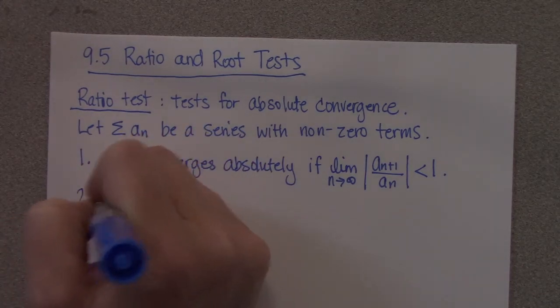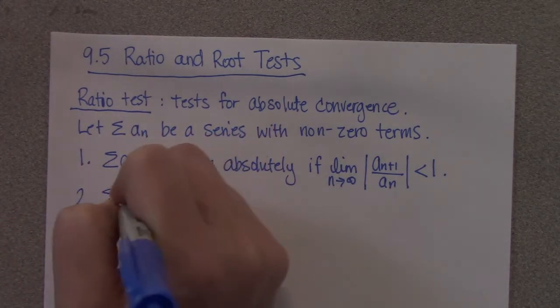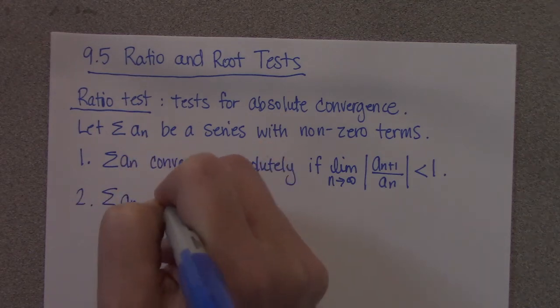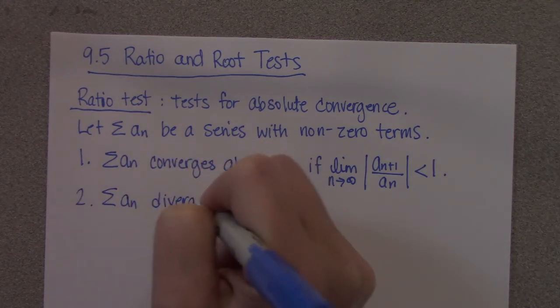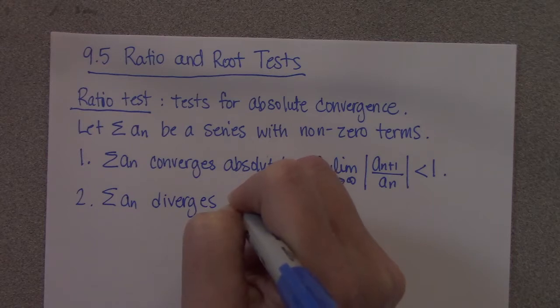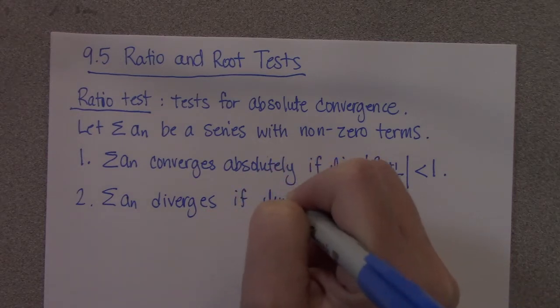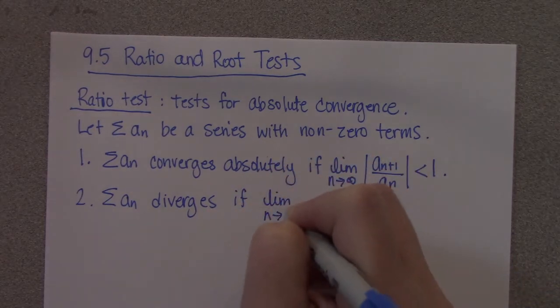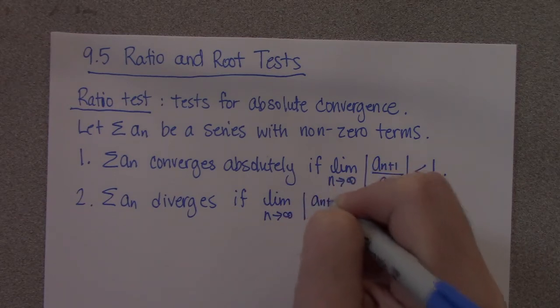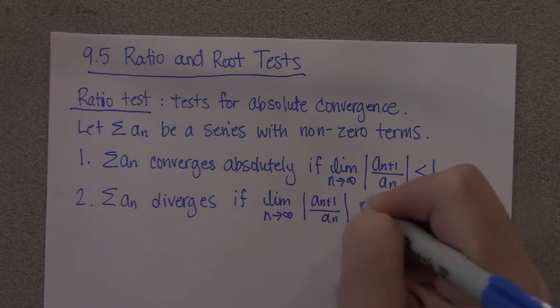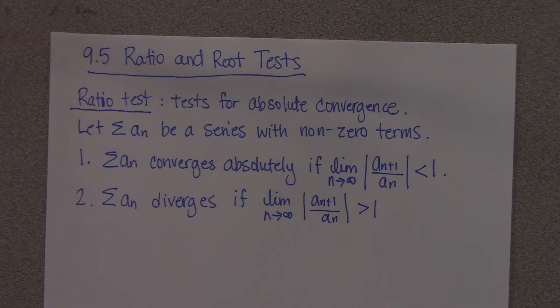The series will diverge if the limit of the ratio is bigger than 1. So now the rate of growth is bigger in the numerator than the denominator.